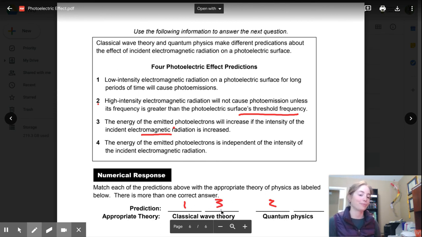And then number 4: the energy of the emitted photoelectrons is independent of the intensity of the light. That is true. The energy of the photoelectrons is dependent on the energy of the incoming photons, so it's independent of the intensity of the light. The number of electrons is connected to the intensity of the light, so the current.